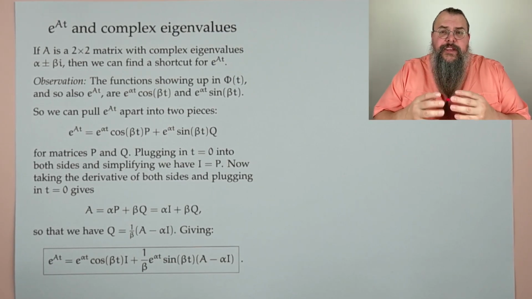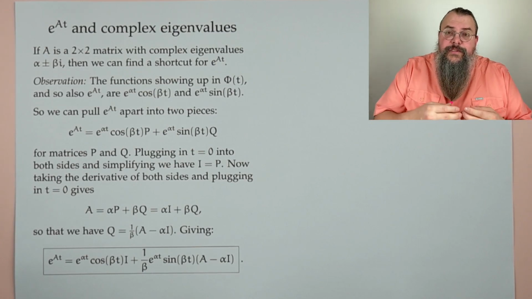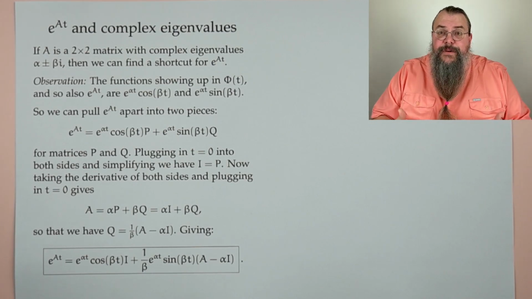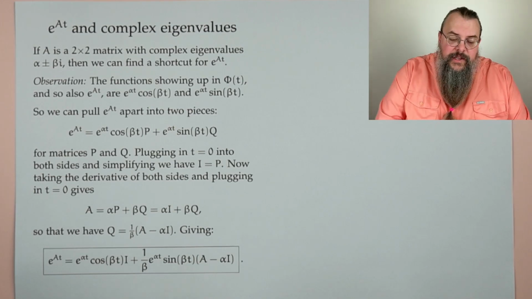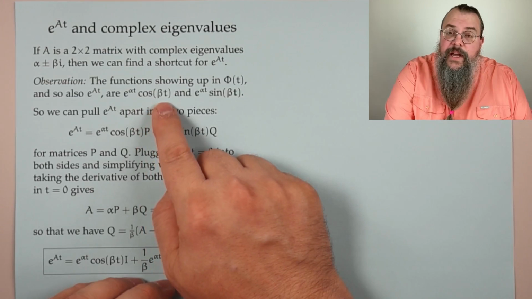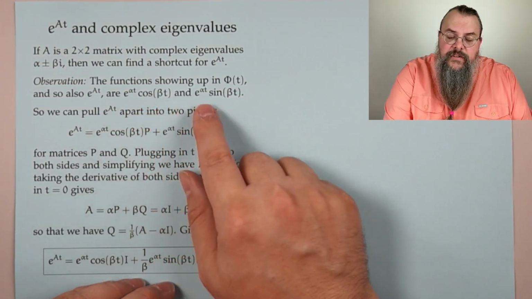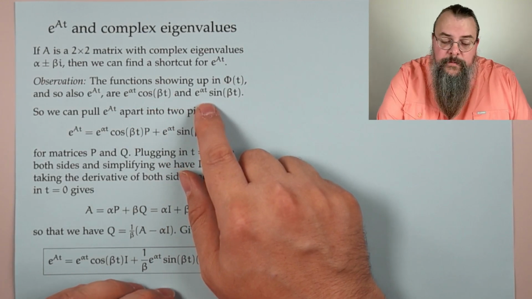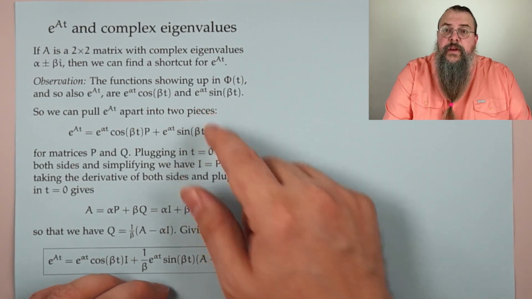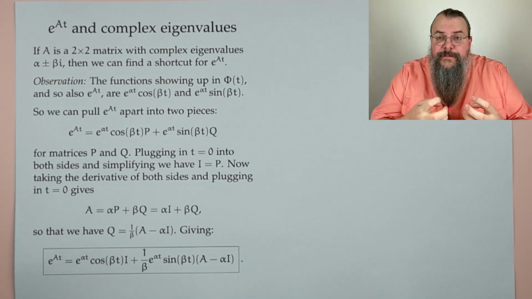Now, when we have the case of complex eigenvalues, what does that say about the functions that show up? Well, they look like e to the real part t cosine imaginary part t, so that's e to the alpha t cosine beta t, and similarly e to the alpha t sine beta t. So those are the functions that show up in phi.